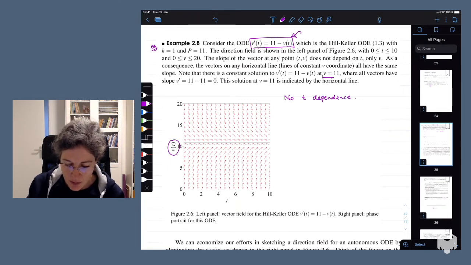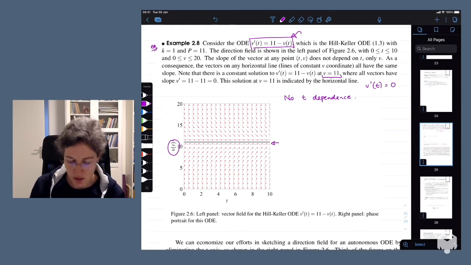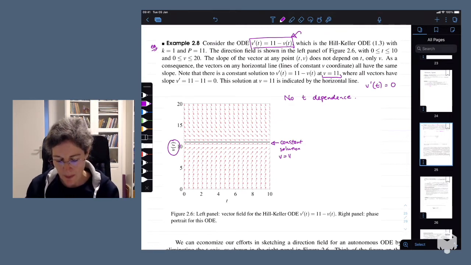If you put v equal to 11, then you get v prime of t equal to 0. And if v prime of t is equal to 0, that means our slope is 0, and that's what this line is doing over here. Solution at v equals 11, indicated by this horizontal line. So this is our constant solution, not 0, v equals 11.